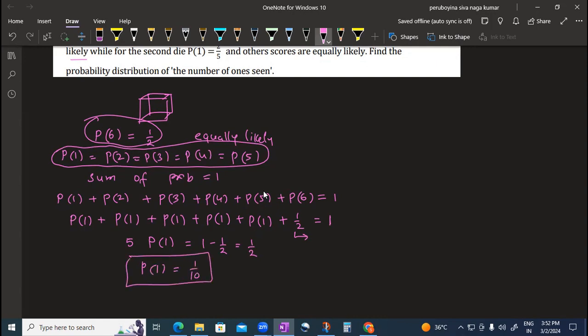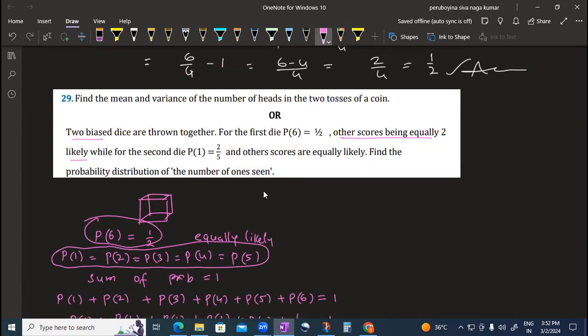You may be thinking, why am I taking only P of 1? Because if you observe the entire question, he is asking to find the probability distribution of the number of ones if both dice are rolled and the result is observed.